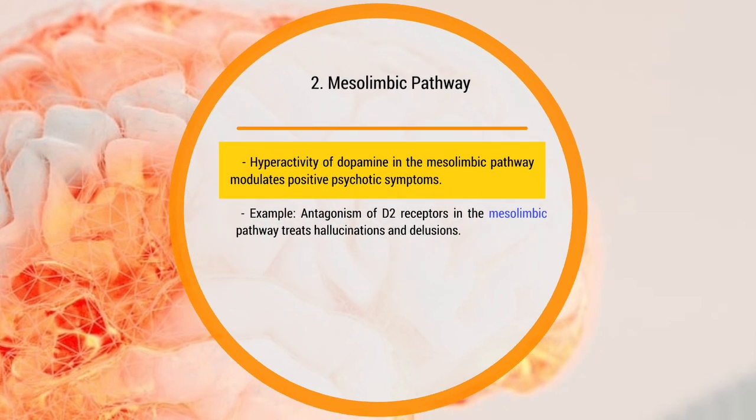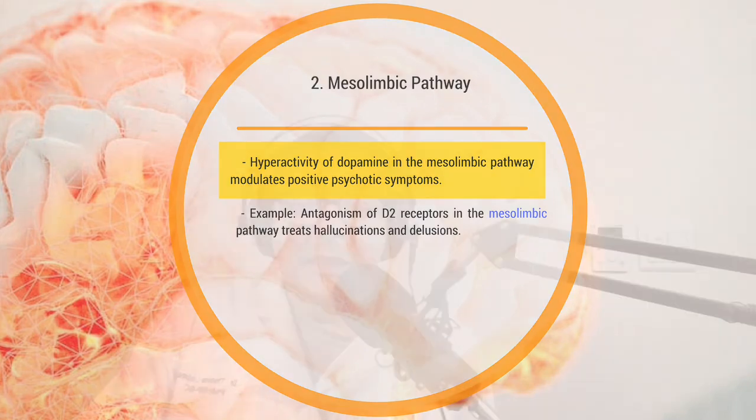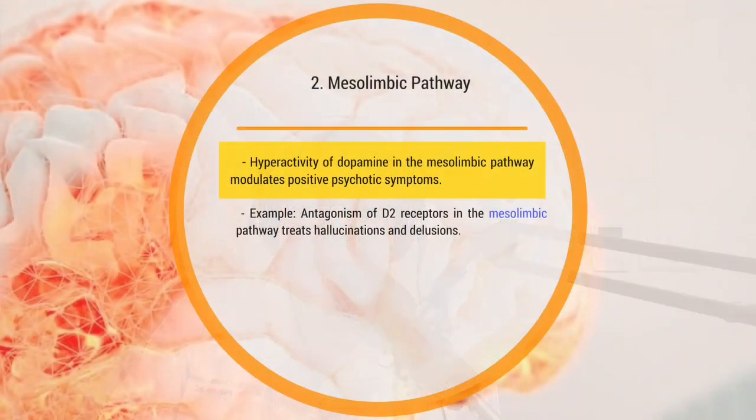So, what are the four dopamine pathways? Let's begin with the mesolimbic pathway. Here, when we look at psychotic patients, when we look at the schizophrenic patient, we think that the mesolimbic pathway is the one responsible for the psychosis because there is an excess of dopamine in this pathway.